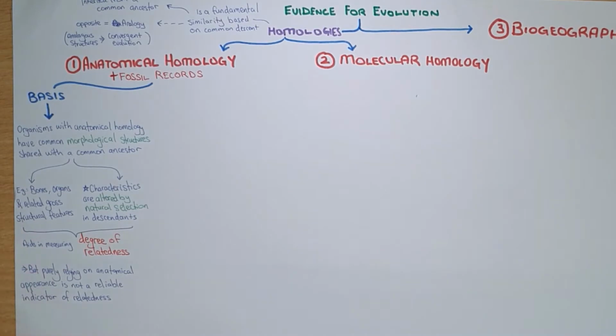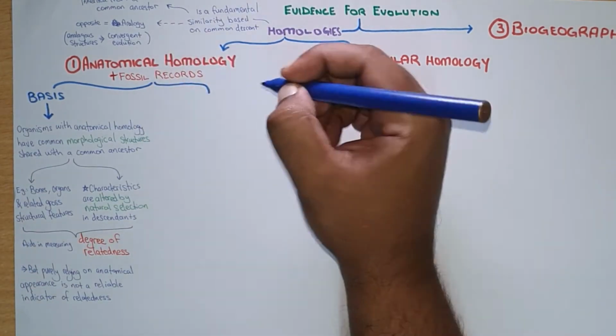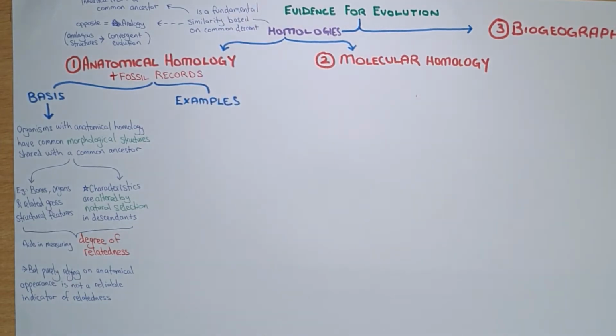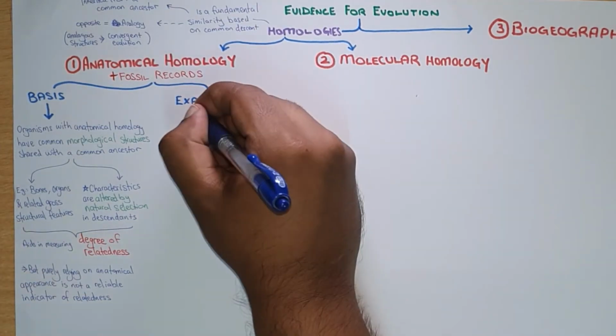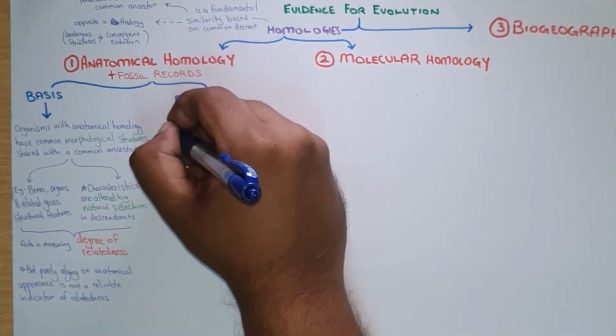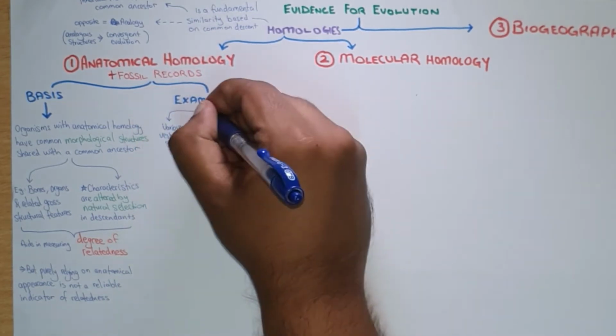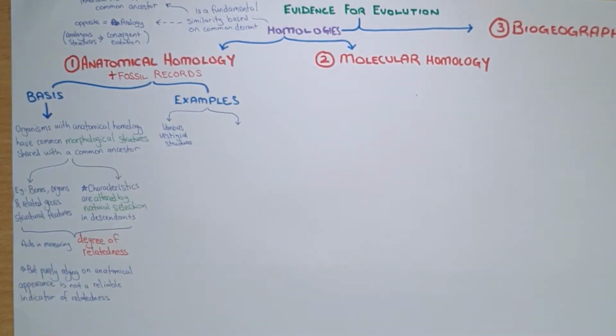When it comes to anatomical homology, there are a lot of good examples, and a few that are very commonly used. One example is vestigial structures. There are many different vestigial structures in a lot of organisms. A good example in humans is the tailbone.